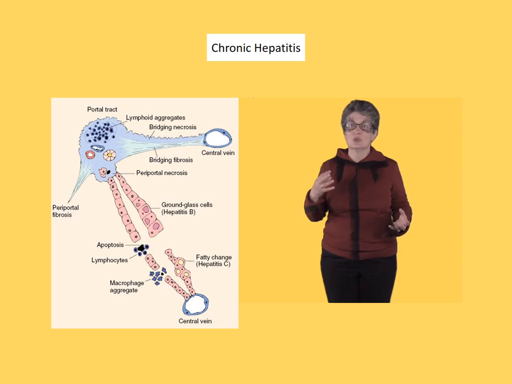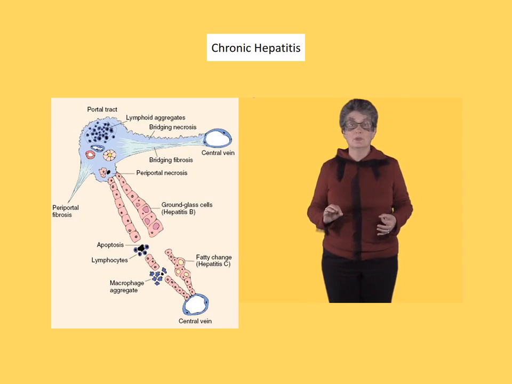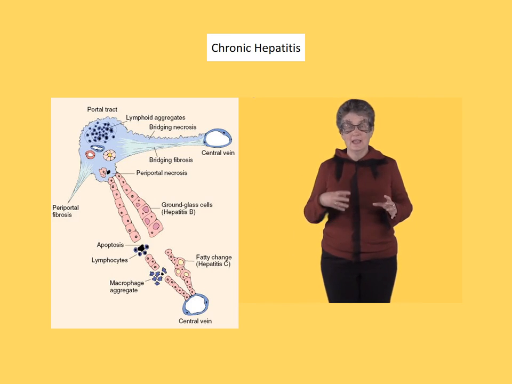Sometimes the viruses can cause other changes in chronic hepatitis. So, for example, if there is a chronic hepatitis B infection, you might get to see the actual viral particles as ground glass change in the hepatocytes. In hepatitis C, the viral infection causes fat to accumulate in cells.